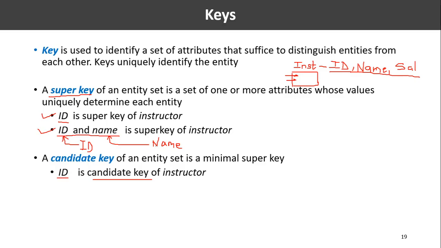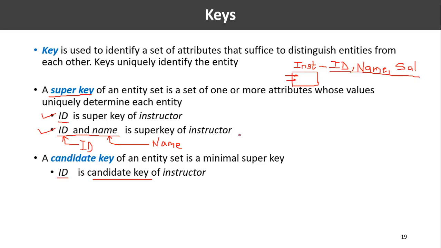Name cannot be sufficient to distinguish two entities from one another, because it may happen that there are two instructors having the same name, but the proper subset of this super key, that is ID, is sufficient to distinguish that. And that is why I may say that ID name is not my candidate key, but only ID is my candidate key.